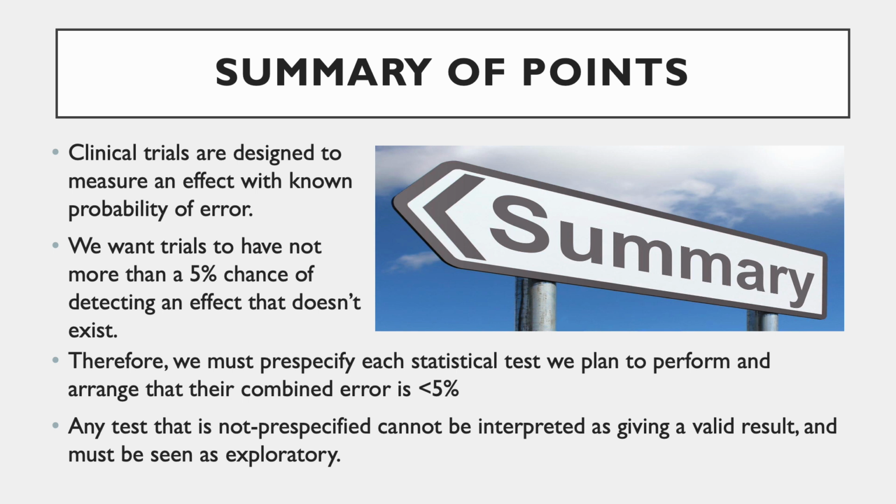Therefore, we have to pre-specify each of the tests that we're going to do and arrange each one so that their combined error probability is 5% or less. Now, any test that's not pre-specified in that way, that we do anyway, can't really be interpreted in a statistical way, because it wasn't part of any experiment that was a 95% confidence experiment.